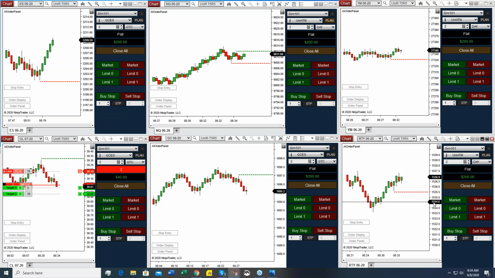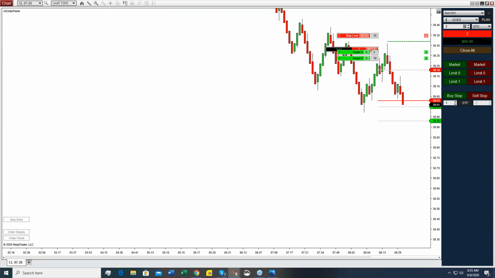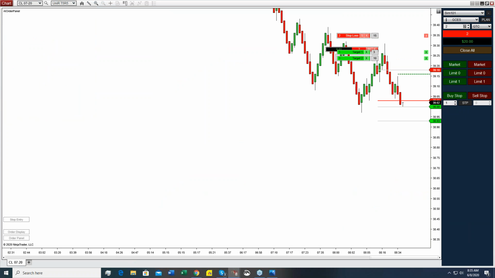Order filled. There's crude on this new indicator. Order filled. Hit first target, didn't fill it. Right to the tick, did not fill.